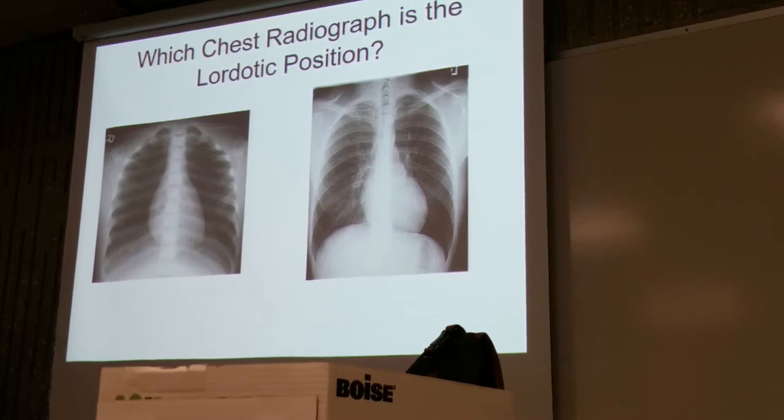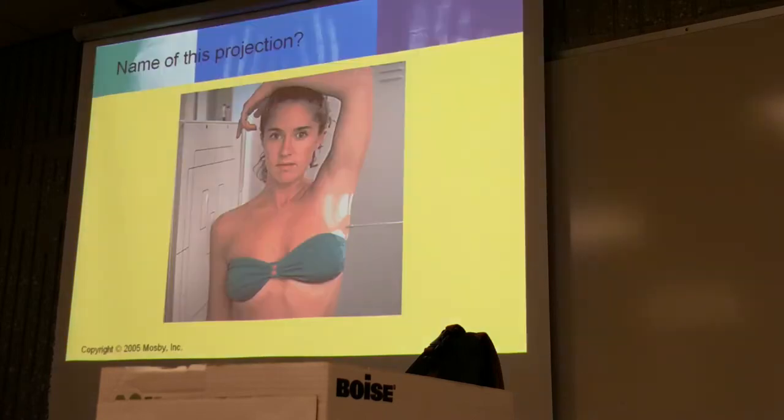So it throws the clavicles out of the way. I want to get them out of the way so I can better see the apices of the lungs. And you'll understand why we have different nuances and positionings. Again, we're three-dimensional. We try to get the patient in a position and angle our tube in a certain way to better visualize those structures. Okay?